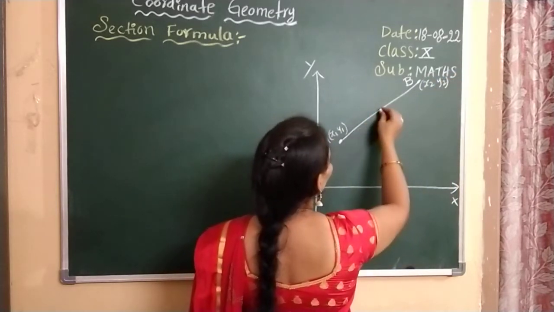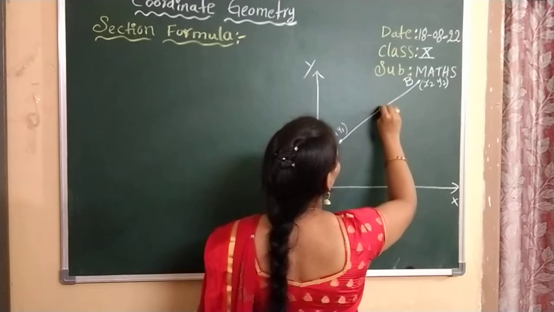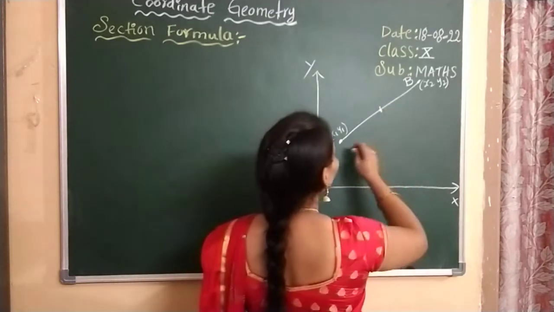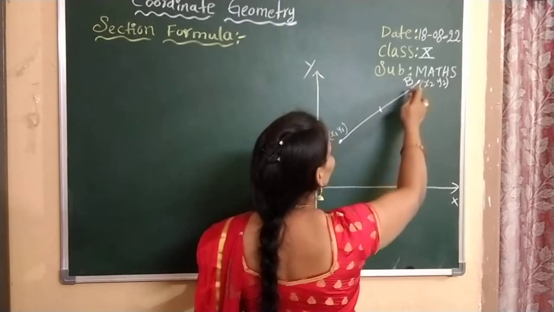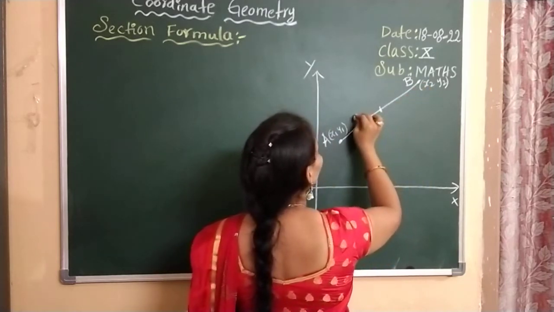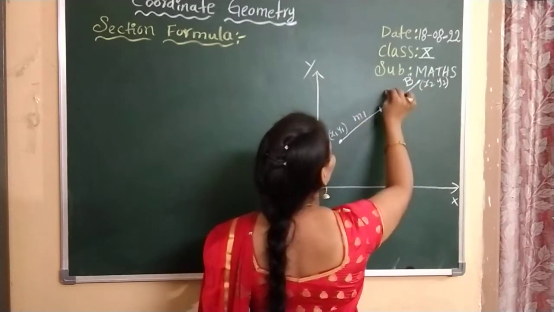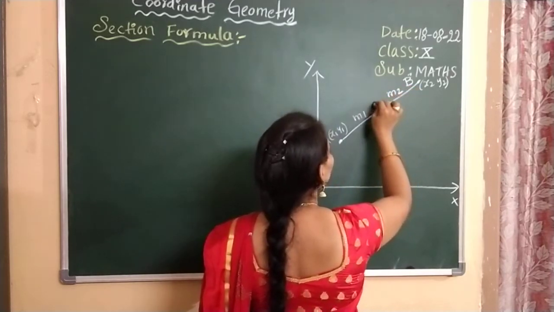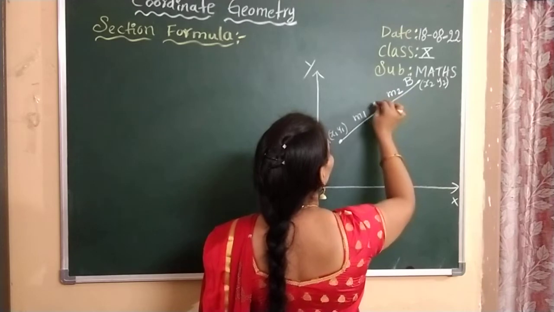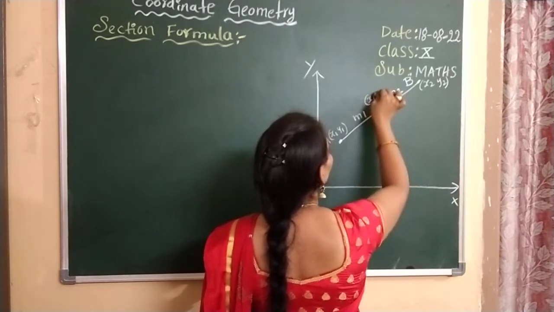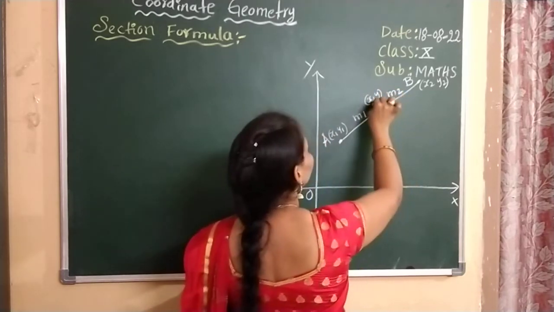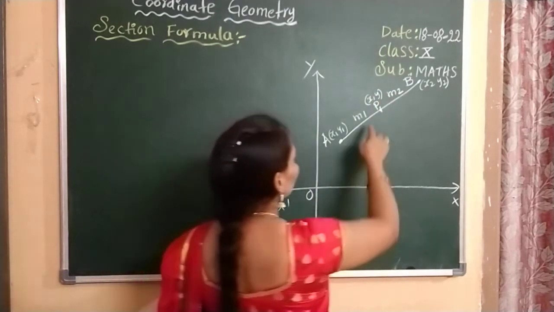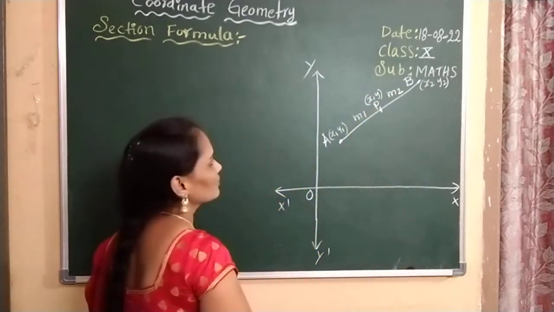Now let us take one point P, dividing the line segment AB in the ratio m1 is to m2. This is the point P, with coordinates (x, y).